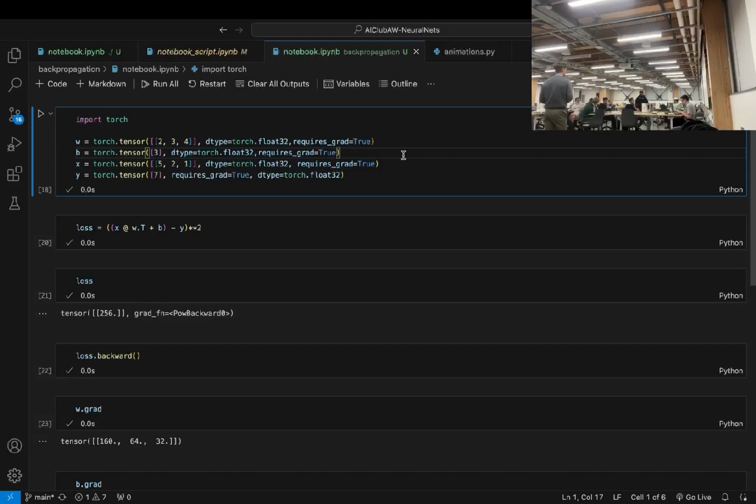So why does PyTorch do that? If you remember all of this here, can somebody tell me what is going to be the shape of the gradient of some weight matrix?